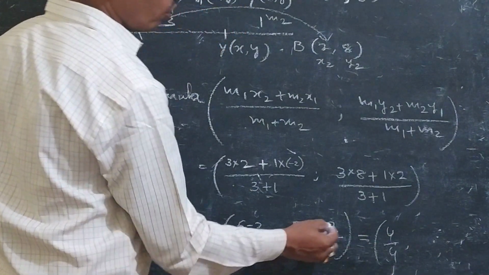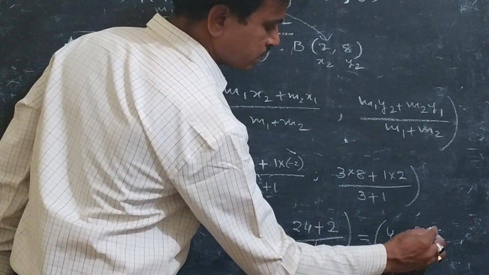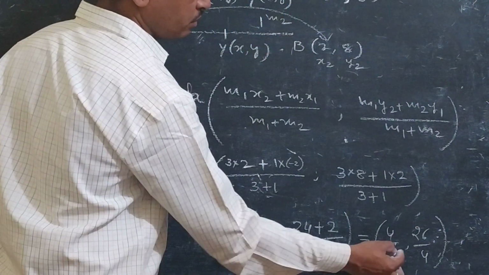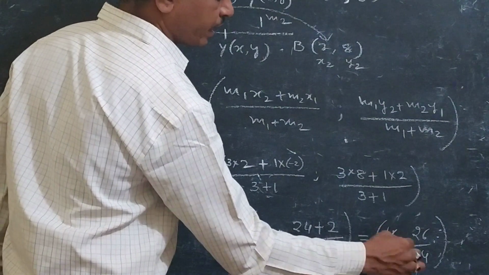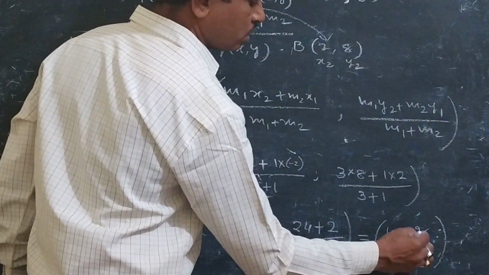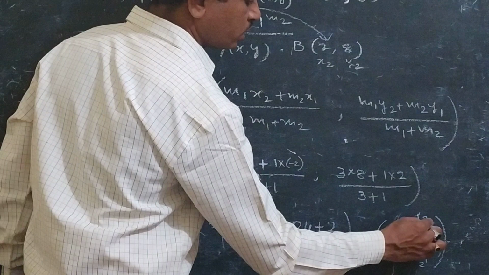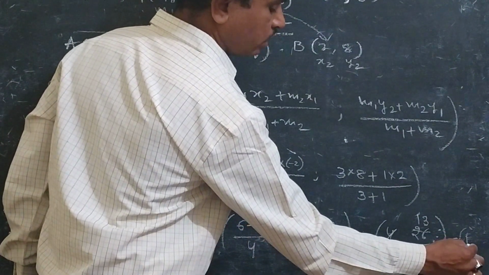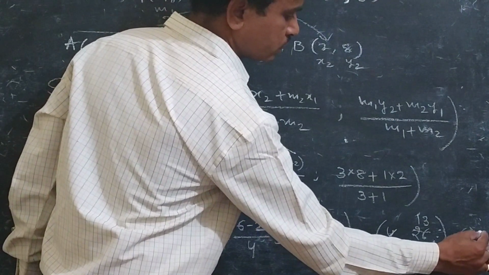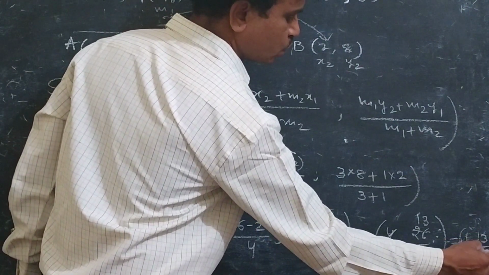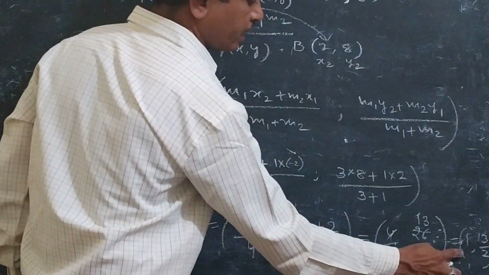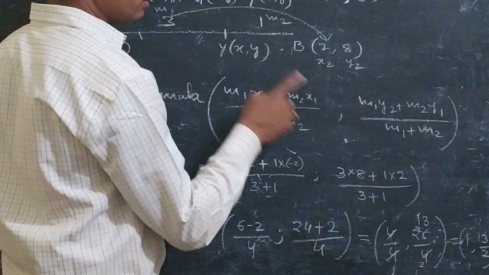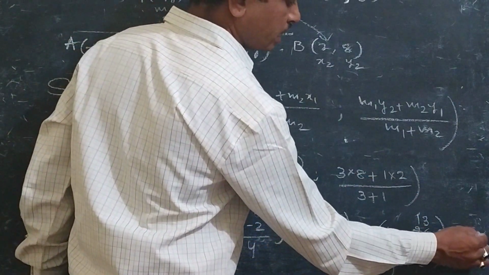Then 24 plus 2 is 26 by 4. Reduce it: 4 cancels, 2 ones are 2, 2 thirteens are 26. So the answer is 1, 13 divided by 2. That means the coordinates of point R are x coordinate 1 and y coordinate 13 by 2.